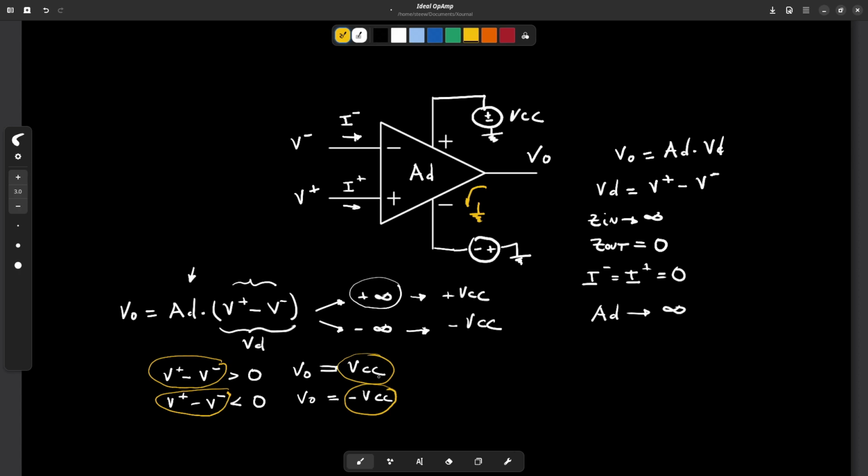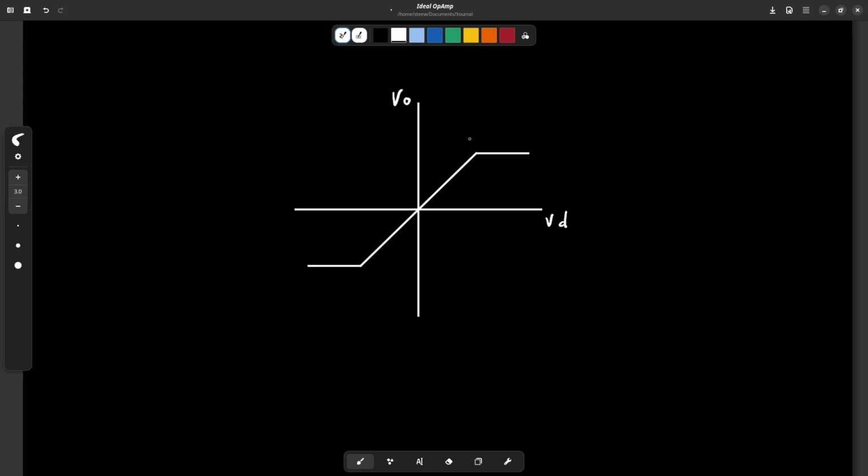Okay, so the transfer function of this amplifier, V0 against VD, will be like this. We can see this graphic, V0 against VD, where VD, as we said before, is V plus minus V minus. When this value is very low but positive, we are going to have a positive voltage at the output of the amplifier.